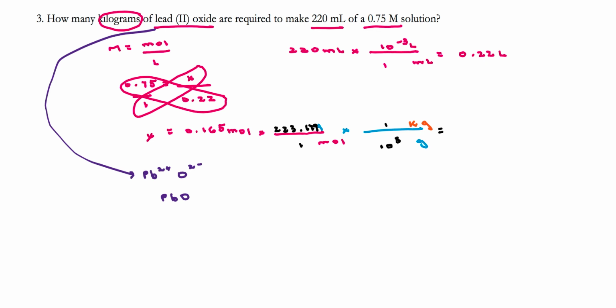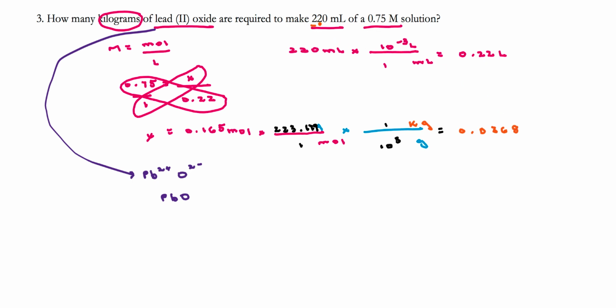So when I solve for this, I'm going to take 0.165, multiplied by the molar mass, then I'm going to divide by 1,000, and I get 0.0368.